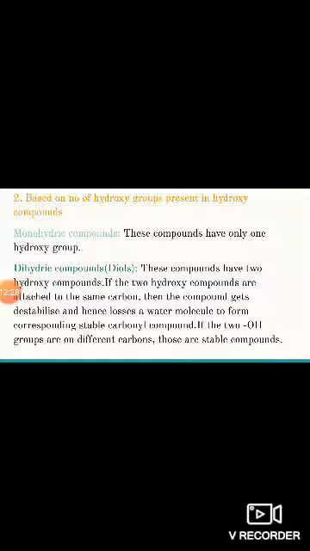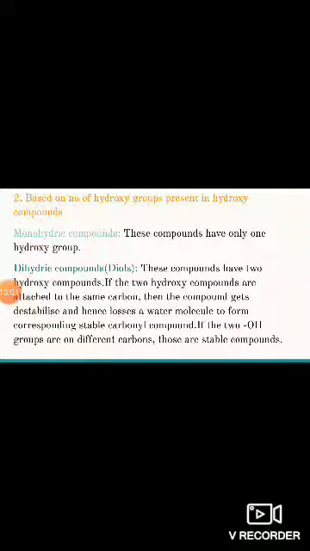Di means two, so a diol or dihydric compound is a hydroxy compound which has two hydroxy groups. Dihydric compounds are further classified into different types based on the location of the two hydroxy groups in the compound.